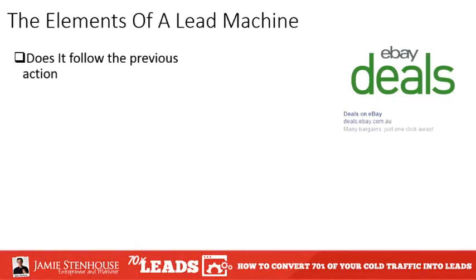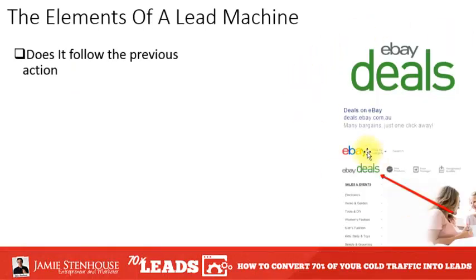What did you talk about in that email, and is that talked about again on your landing page? Another example as well is if you're using advertising like eBay is, then when you click on that, it takes you to a page, right? And this page here displays the logo once again.